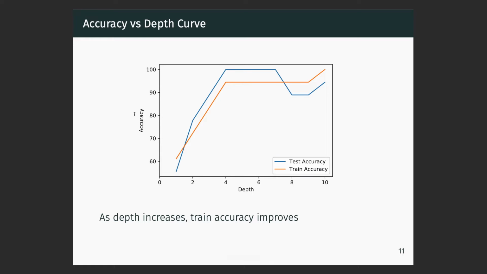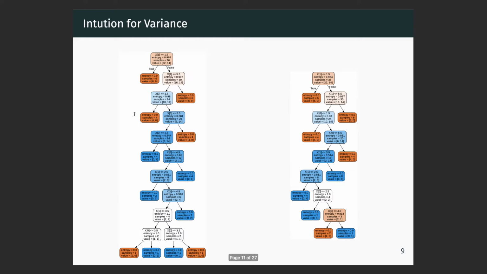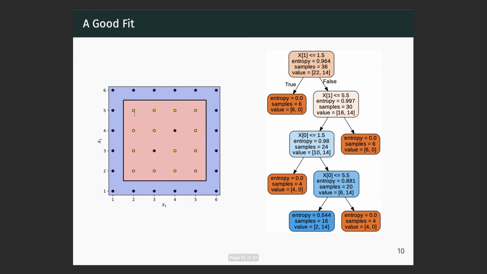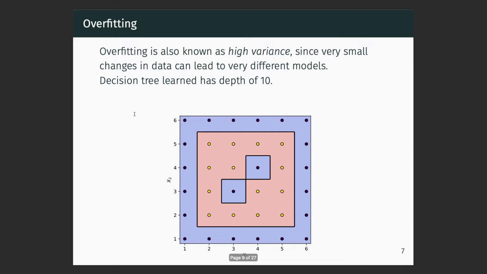So train accuracy could have been bad. Let's say if this was a learned classifier, the train accuracy would not be perfect because you're misclassifying two examples, right? But if you were to go deeper, you could have learned this classifier. So if you increase the depth, you would have increased the train accuracy.